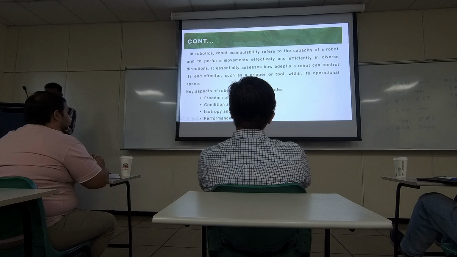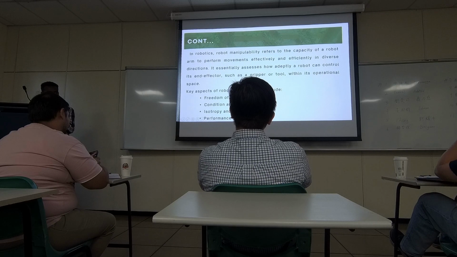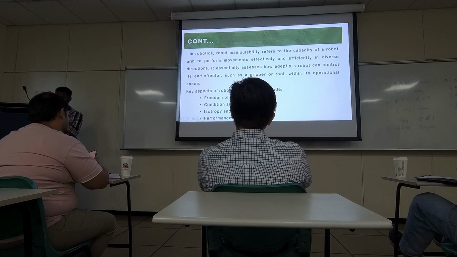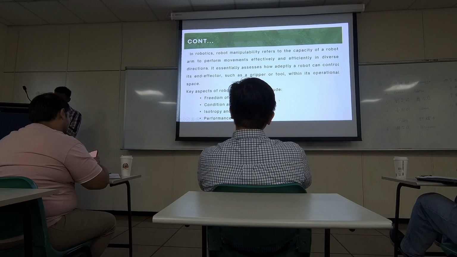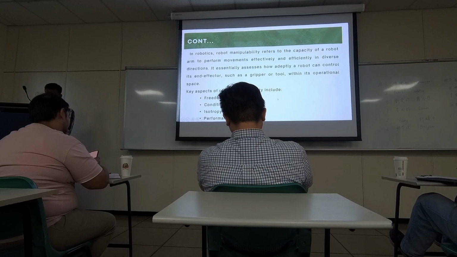The first one is freedom of movement, meaning the degrees of freedom the robot possesses, or the number of independent movements it can perform. The second one is condition and singularity. In robotics, singularity means specific positions and configurations of the manipulator where its arm loses the ability to control movement in a certain direction.